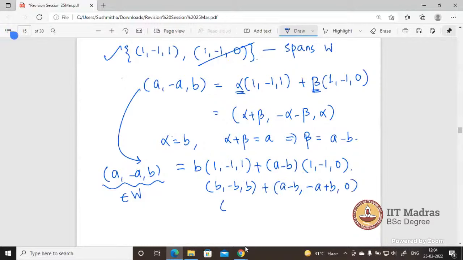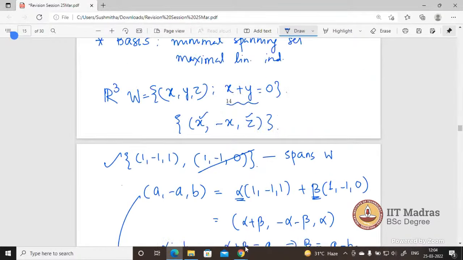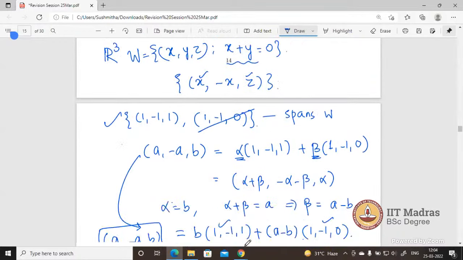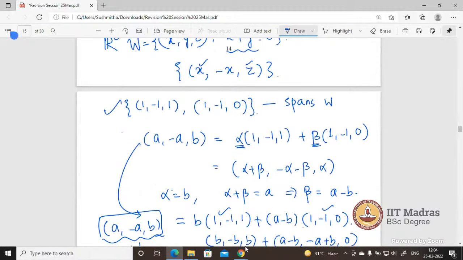When I add these two, I'll get A minus A, right? So this vector is written as a linear combination of these two vectors, and this is any general vector in W, (x, -x, z). So do you agree that this set spans W?